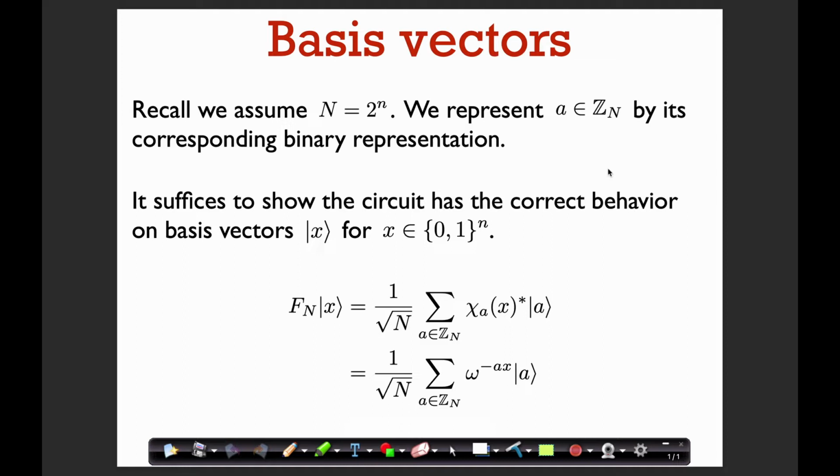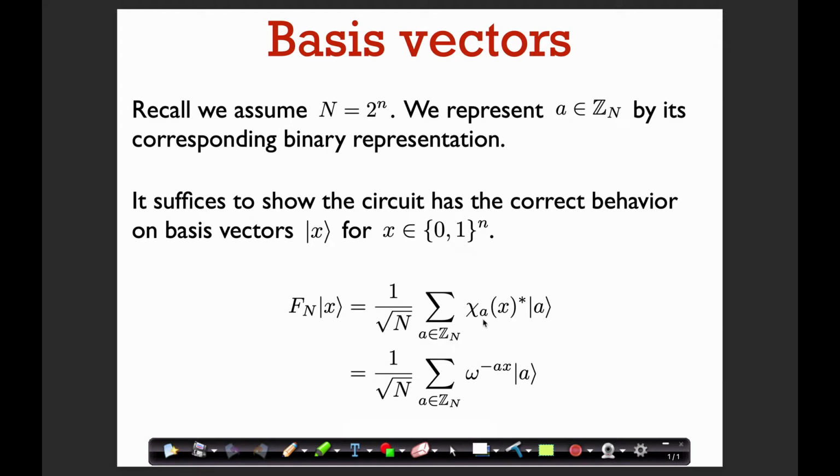Let's recall what the Fourier transform of ket x is for a basis state x. Fn times x is just going to select the xth column of Fn. And the xth column of Fn is exactly this state here. If you remember, the rows of Fn are the chi-a star vectors. So if we look at a particular column, then this is what it's going to be.